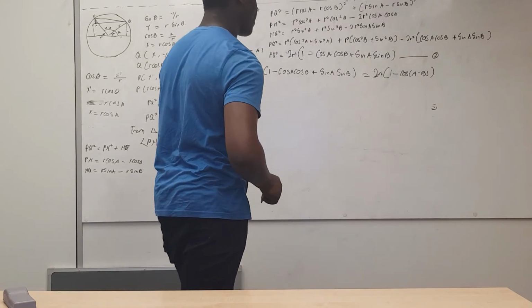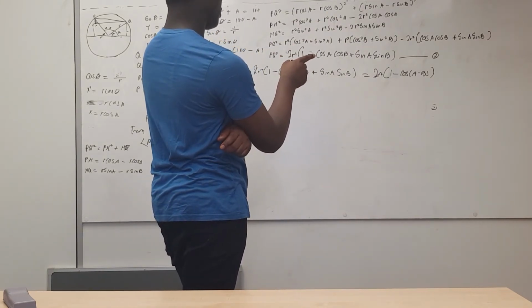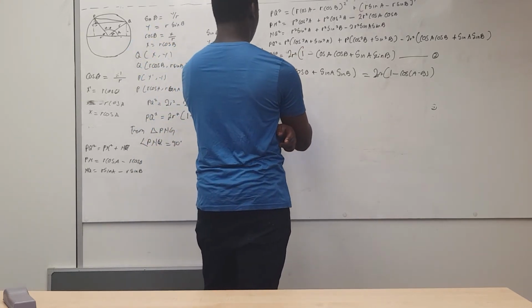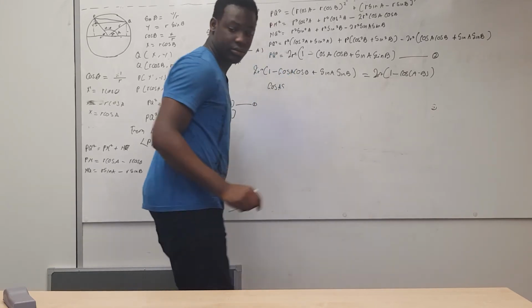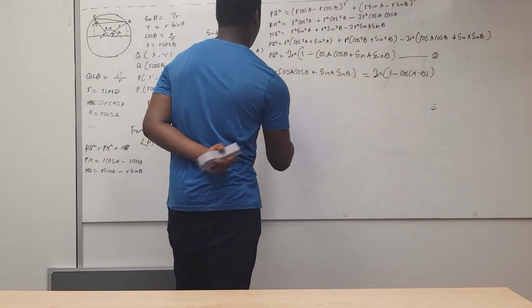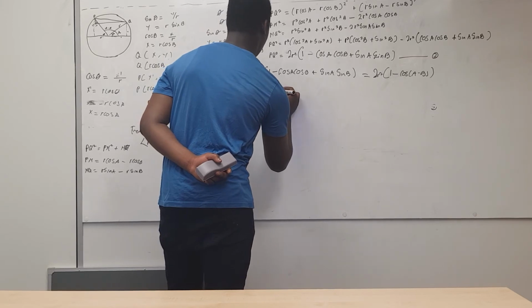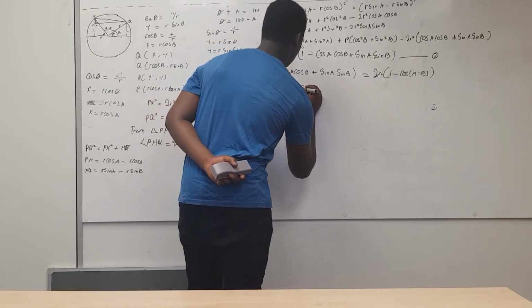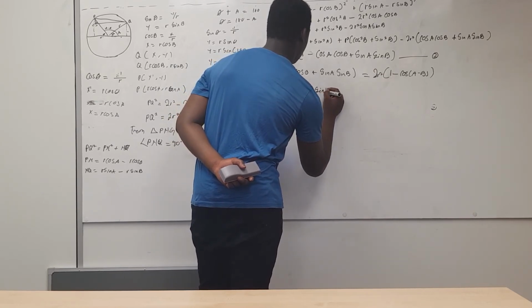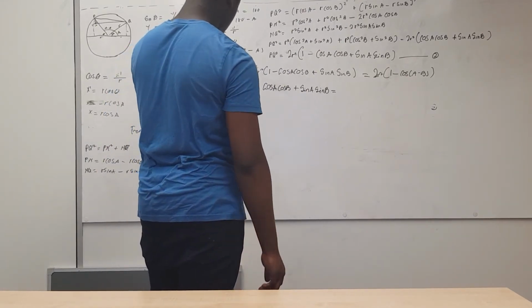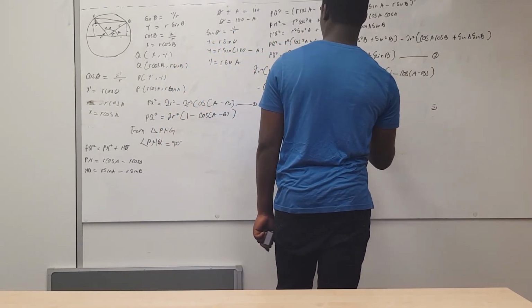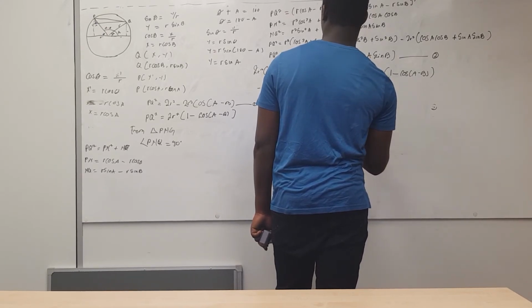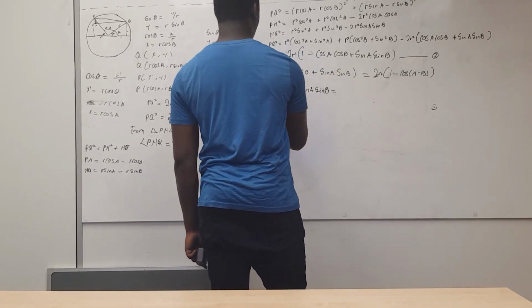So let's do it like this. Cos A cos B plus sine A sine B is equal to 1 minus 1, that's 0.